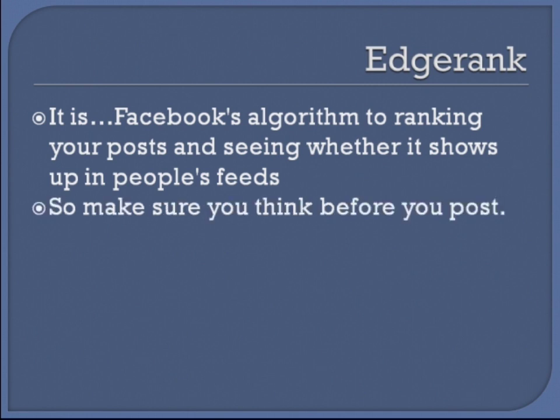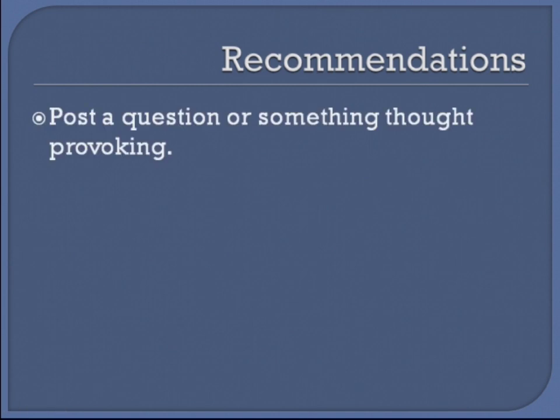So make sure you think before you post. Here are some recommendations. Post a question or something thought-provoking. I know I talked about questions earlier, but don't just post a question. Post a question that is thought-provoking, something that people can relate to.